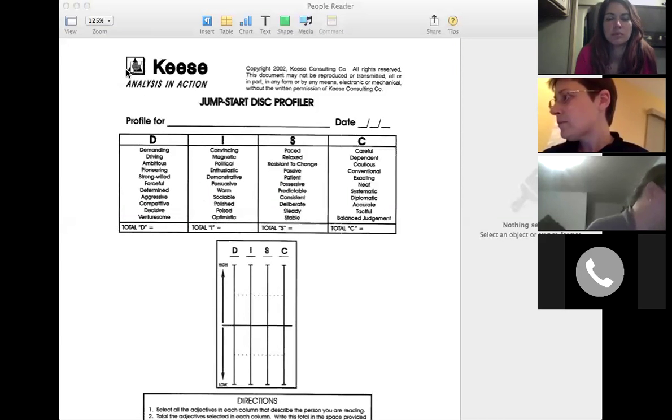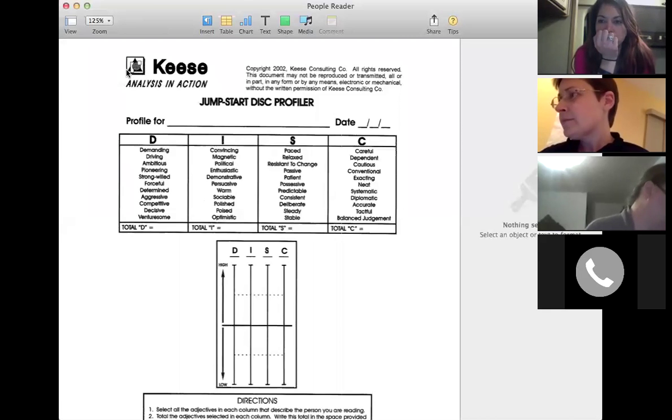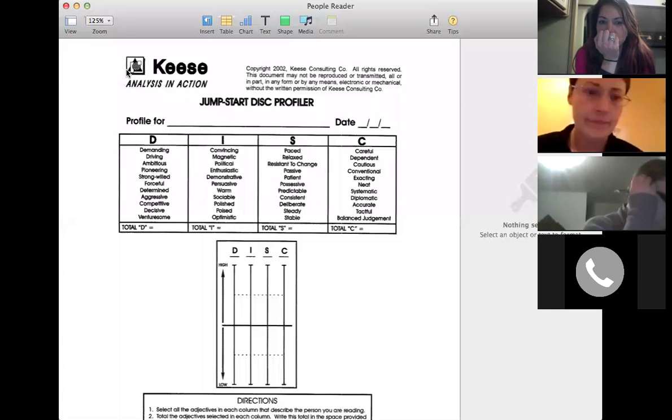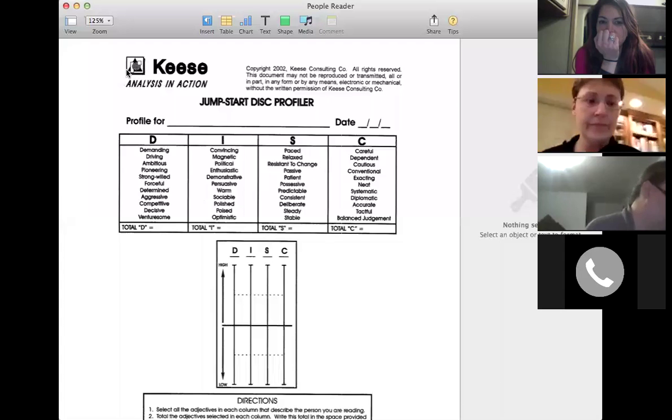Now, I'm going to tell you at the end of this how you can get a much more accurate picture of yourself, and an analysis with consultation with me to help you take advantage of what your strengths are. But what we have now is a picture.